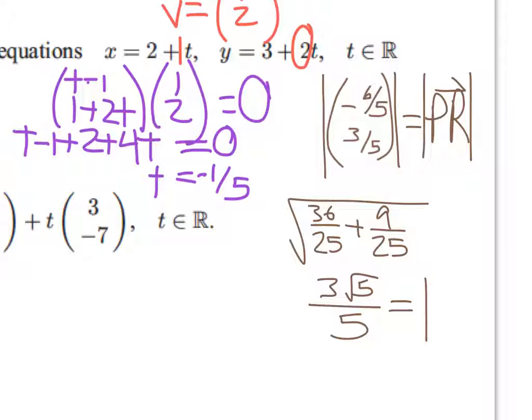So that's the magnitude of PR, and that is the shortest distance. So, like I said, once you get the hang of it, there's a number of steps here, but it's really not all that complicated. The key is just remembering how to define R and find vector PR. Then you're just doing the dot product equal to 0.